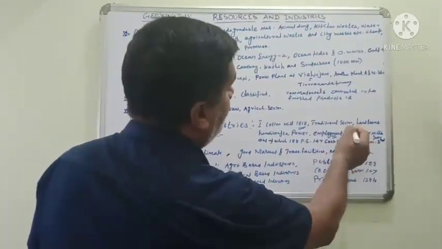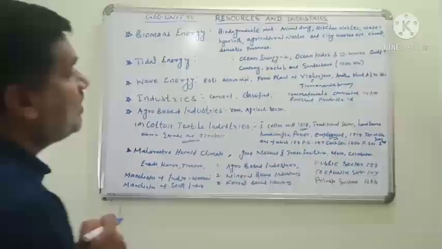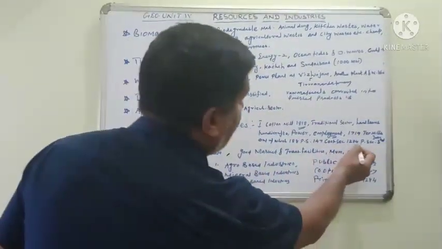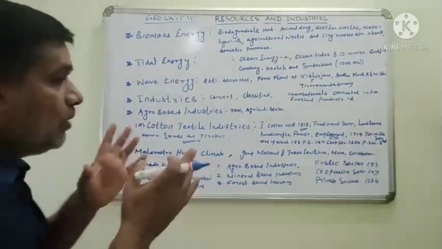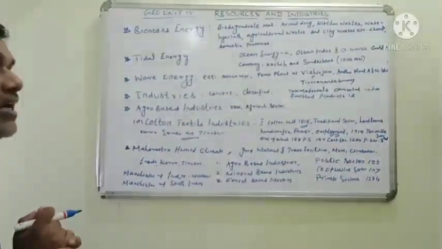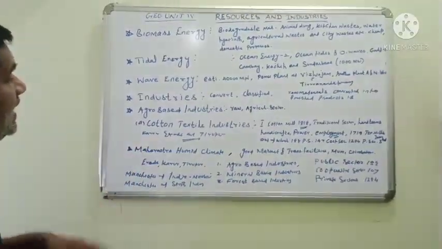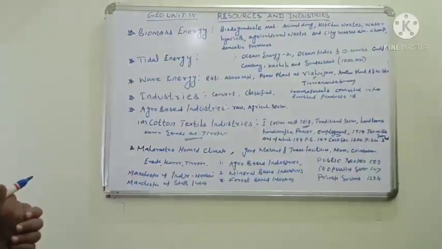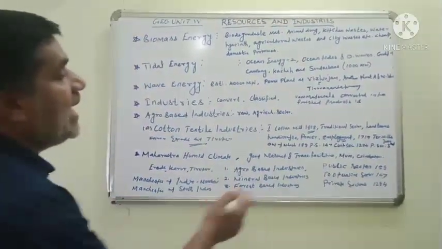In total, 1719 textile mills are located in our country, out of which 188 are in the public sector and 147 in the cooperative sector. 1284 are private sector industries. Maharashtra is one of the suitable places for cotton textile industries, with a humid climate, good market facilities and transport facilities.